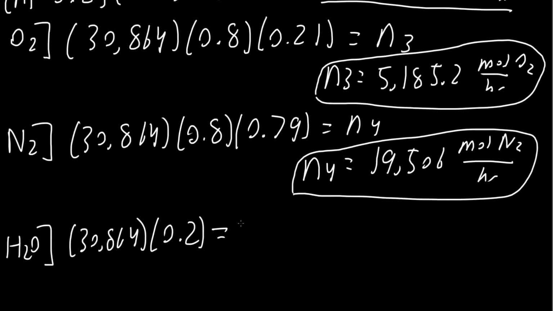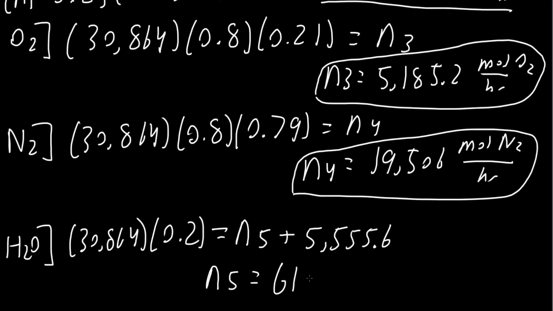That's going to equal N5, which is what we want to solve for, plus 5,555.6, which was our N2 stream. By doing this, we would get N5 equal to 617.2 moles of H2O per hour.